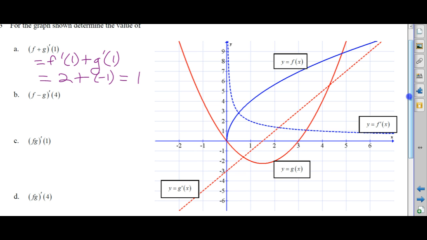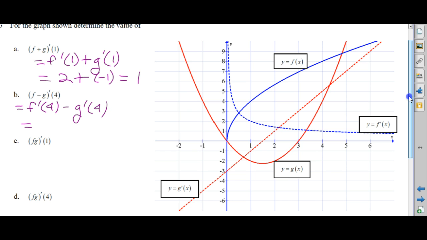So f plus g prime. Now, we're not doing this from equations, we're doing this from curves, right? We've got these curves, and everything's good. So what's f minus g prime of 4? What do we have to figure out? Yeah, it's f prime minus g prime. So it's f prime of 4 minus g prime of 4.